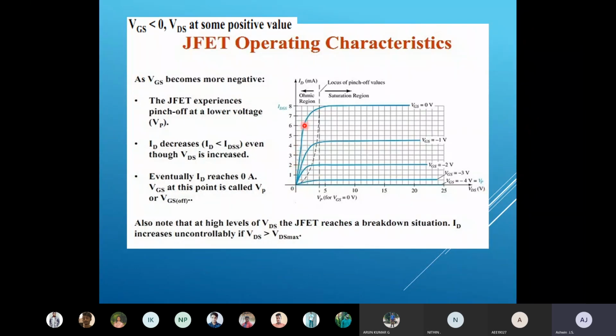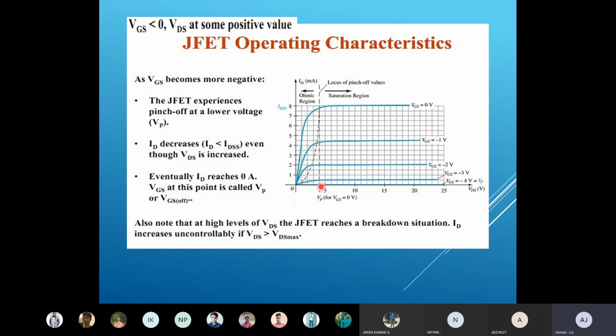It is increasing linearly. After that particular condition, it crosses and becomes a constant one. Where it is crossing, that is nothing but your pinch off voltage. The pinch off voltage will vary with respect to the gate. If the gate I'm giving is 0, the pinch off voltage is around 4.